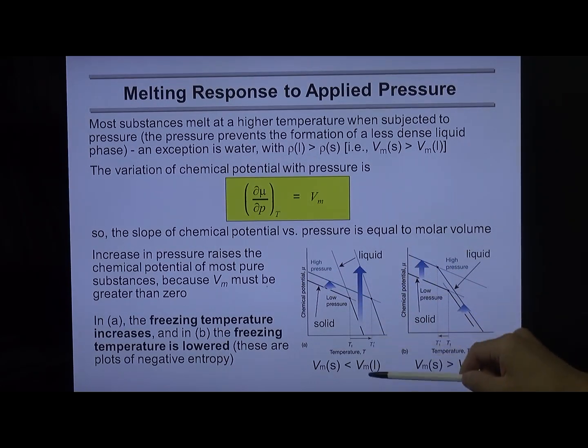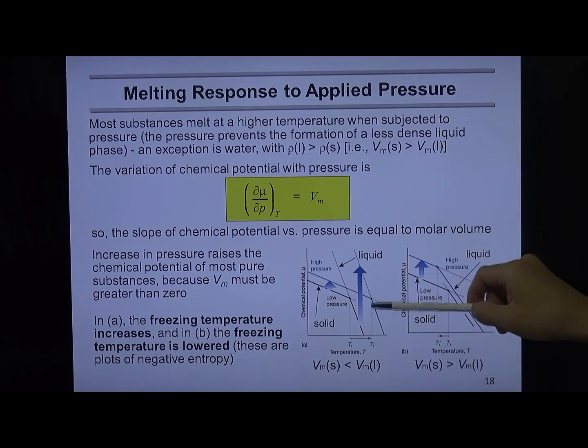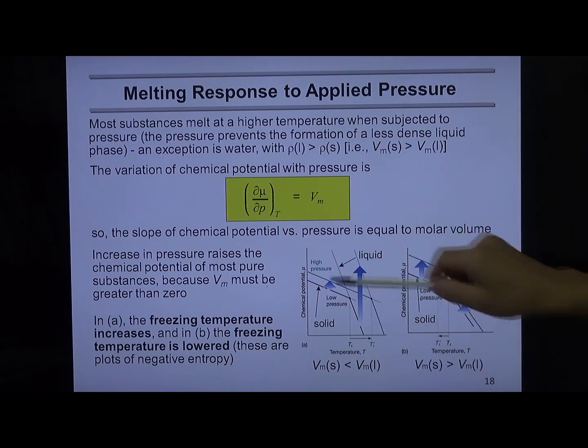For liquid, since the molar volume is larger than this one, the increase is larger than the increase in solid, right? So we got these green, blue lines.